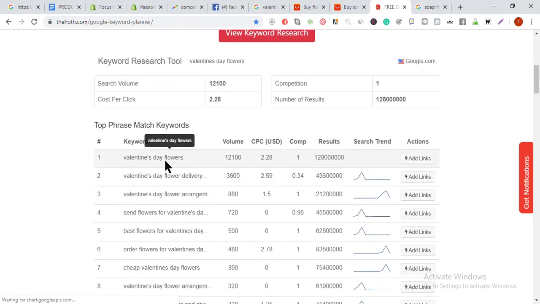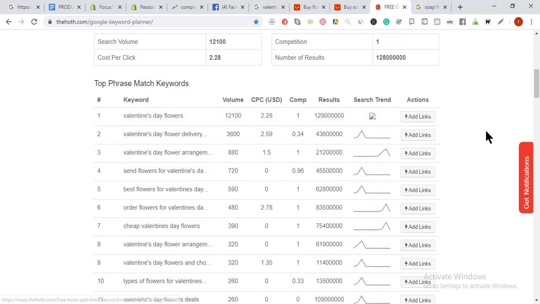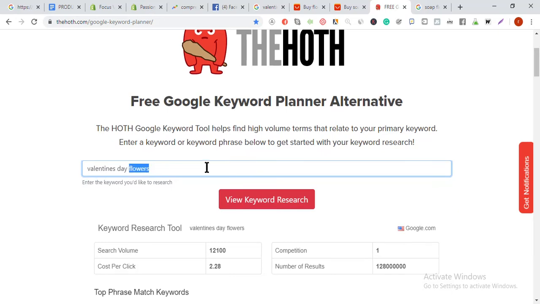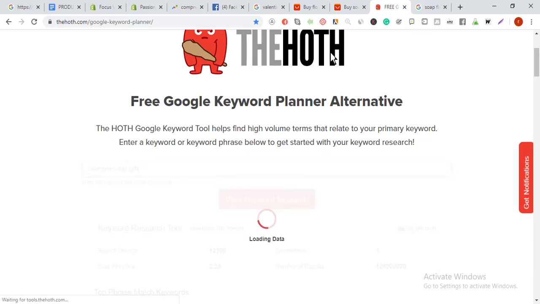See? Valentine's Day flowers, the volume is really big. But if you narrow it down, it will be a lot lesser. It could be anything for the flowers: fresh flowers, soap flowers, flowers made of plastic, those ideas. But let's say gift. Valentine's Day gift.